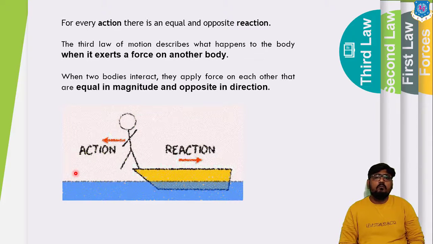They are equal in magnitude but opposite in direction. So that is the meaning: for every action there is an equal and opposite reaction. That is all about Newton's laws of motion.